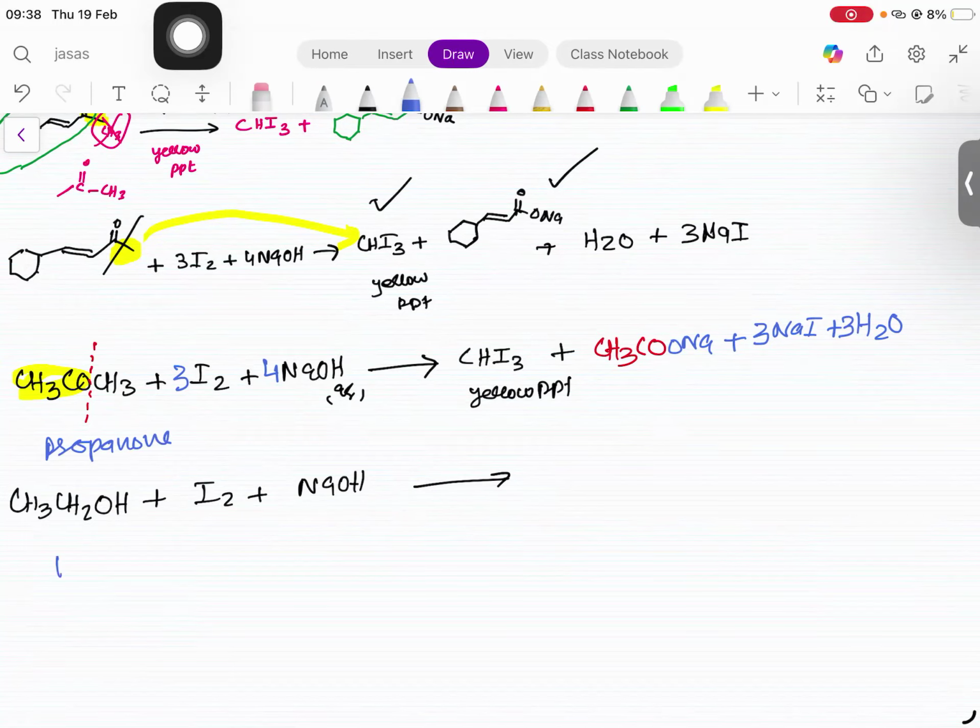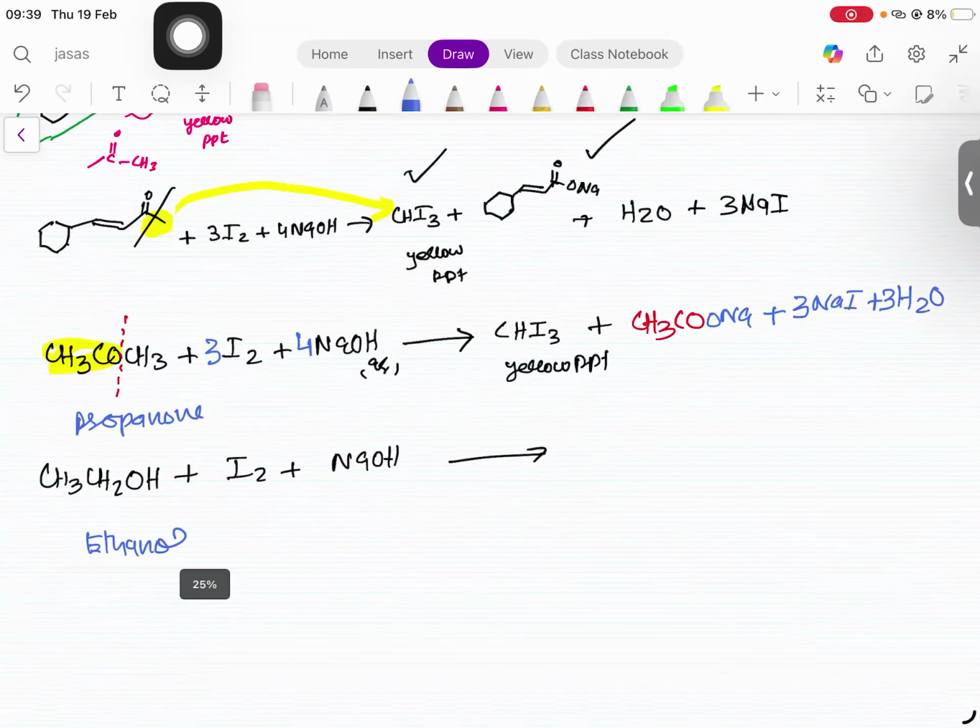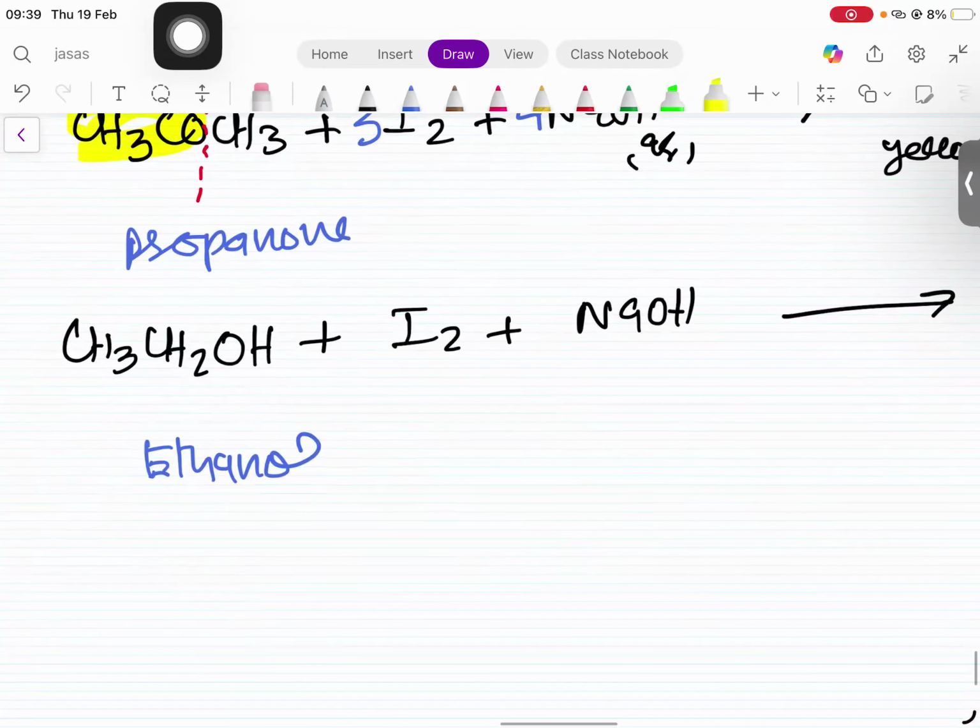What about ethanol? पहले तो ये बताएं, ethanol देगा yellow precipitates. What will be the reaction? The one thing which you have to keep in mind, please pay attention. When it's an alcohol, na, so this part तो क्या बन जाएगा? The CH3 part turn into what? जो CH3 part होता है, वो तो किस में change हो जाता है?